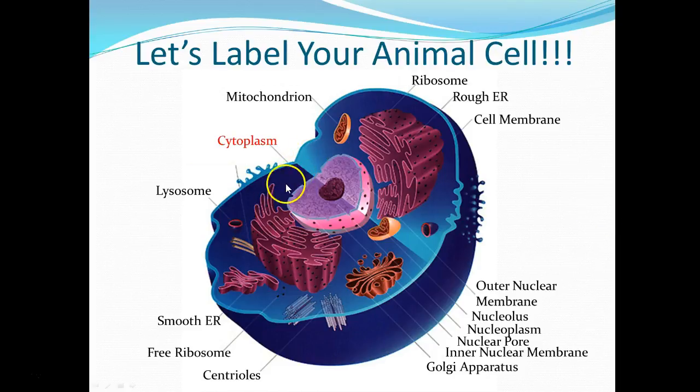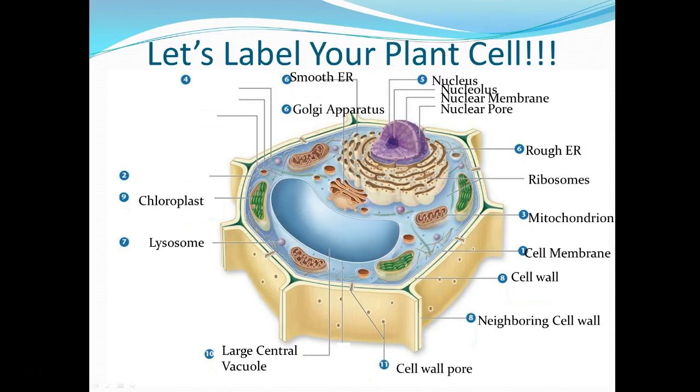So this right here is an arrow that's pointing to cytoplasm, but again, all of this free space would be filled with cytoplasm. In your plant cell, we'll just call this blue area here. Again, all of this down here, this is all cytoplasm.